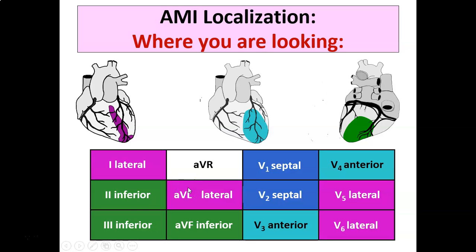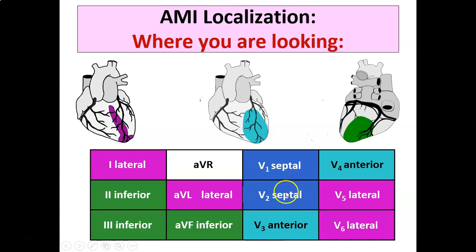If the ST segment elevation is seen in leads 2, 3 and aVF, then we label it inferior wall myocardial infarction. If you see ST segment elevation in V1 and V2, we label septal myocardial infarction. In V3 and V4, anterior myocardial infarction.